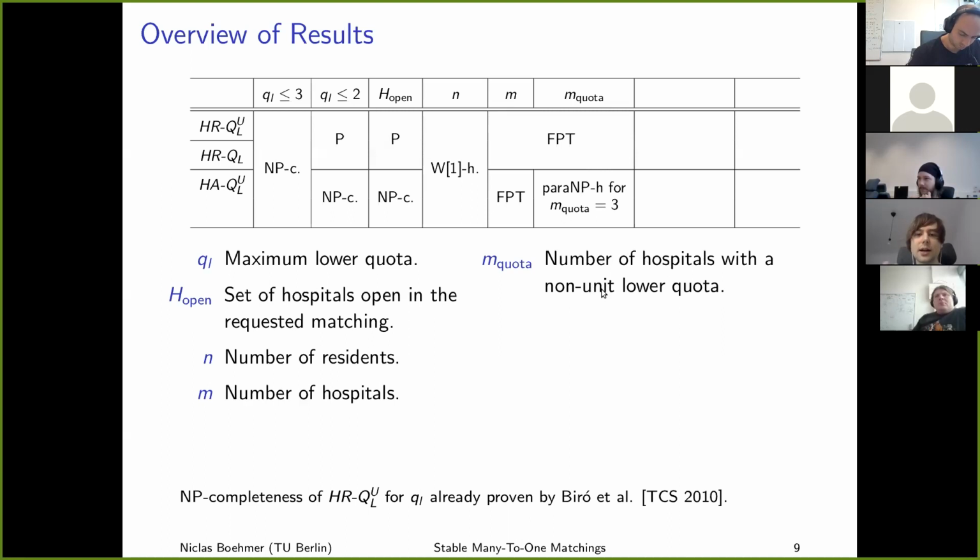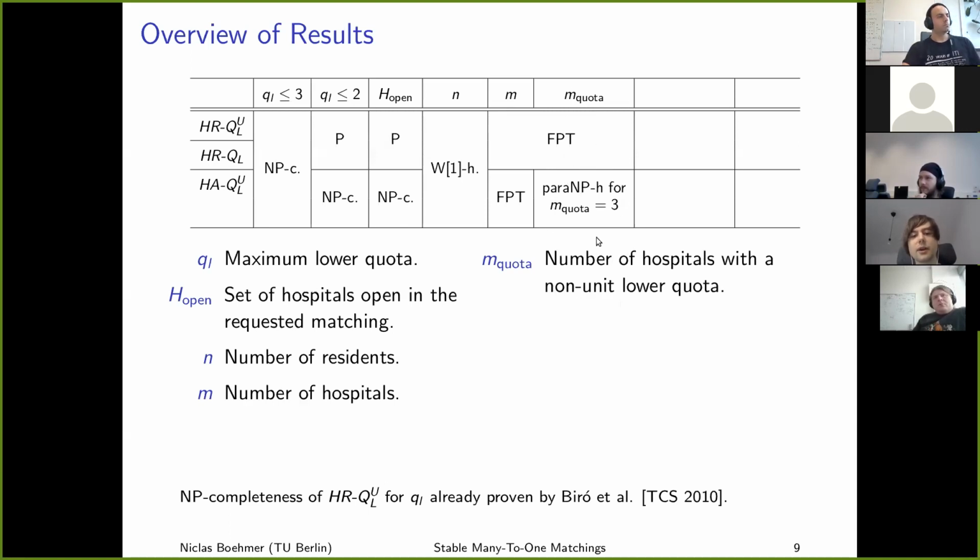One could expect that maybe only the hospitals with a lower quota of 2 make the problem hard. That's why we also looked at the number of hospitals with a non-unit lower quota, and our FPT results here still easily extend.